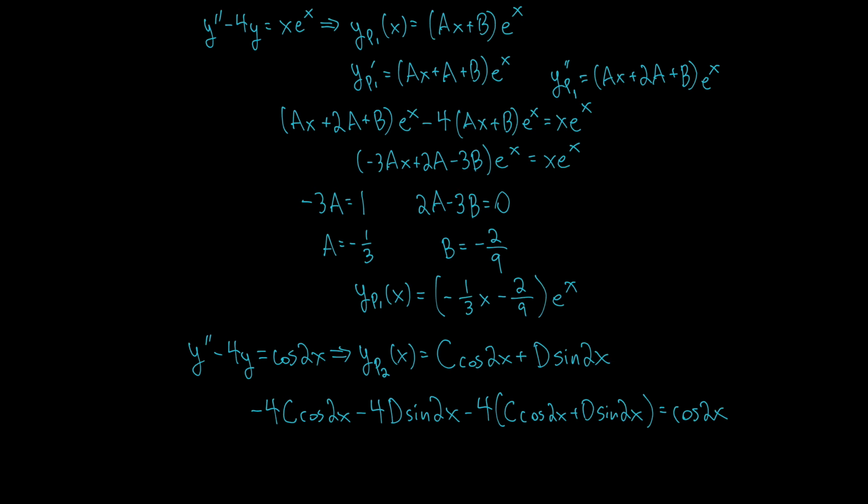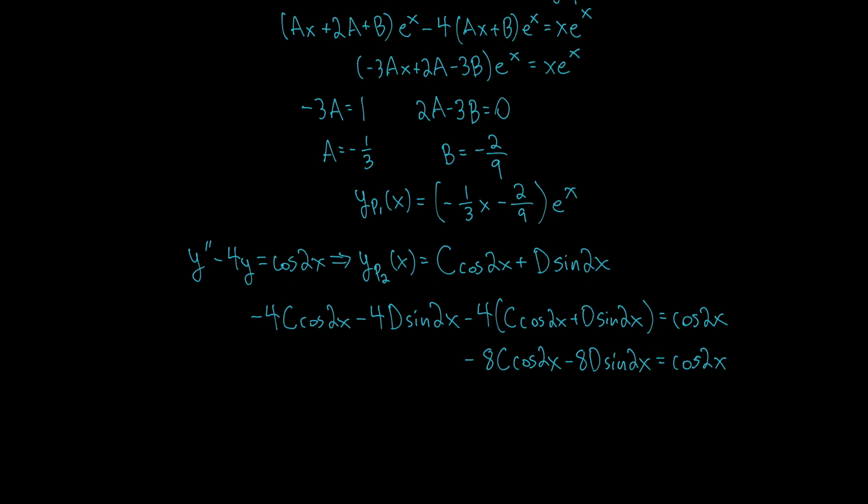So we'll group together our cosines and sines. Minus 4c, so that's minus 8c. So -8c cosine 2x - 8d sine 2x, and that should equal cosine 2x.